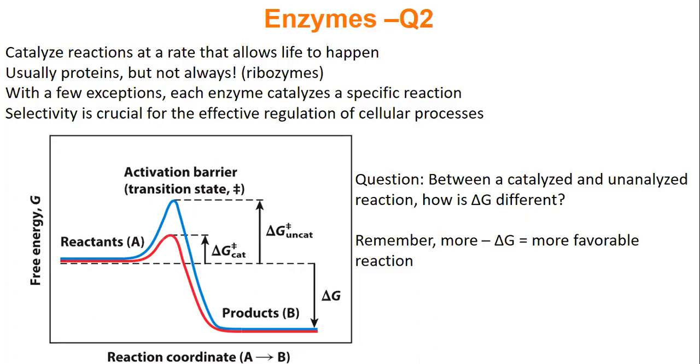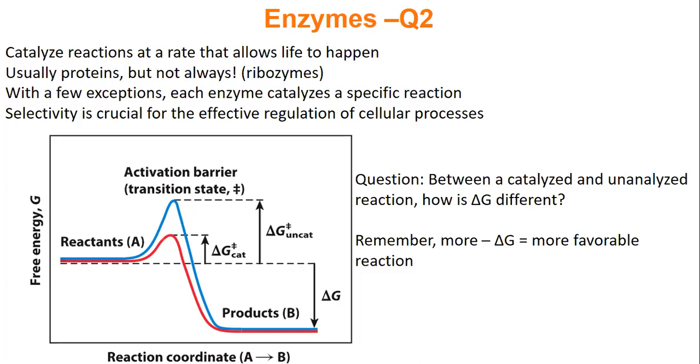And what a catalyst does is that it speeds up the rate of a reaction. An enzyme is a catalyst inside your body, an organic catalyst. Over 90% of the time, they're going to be proteins.